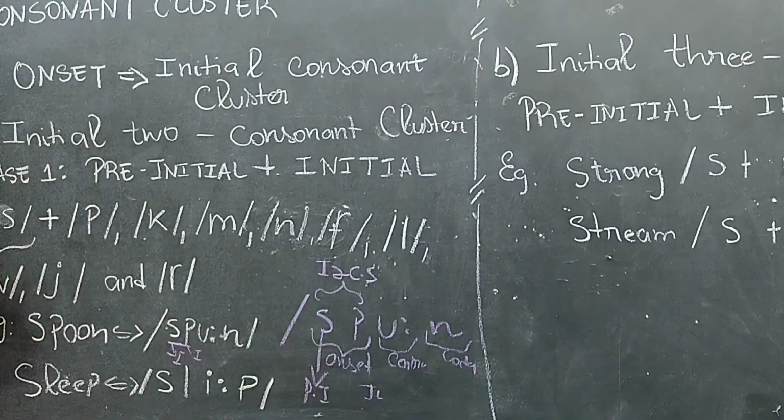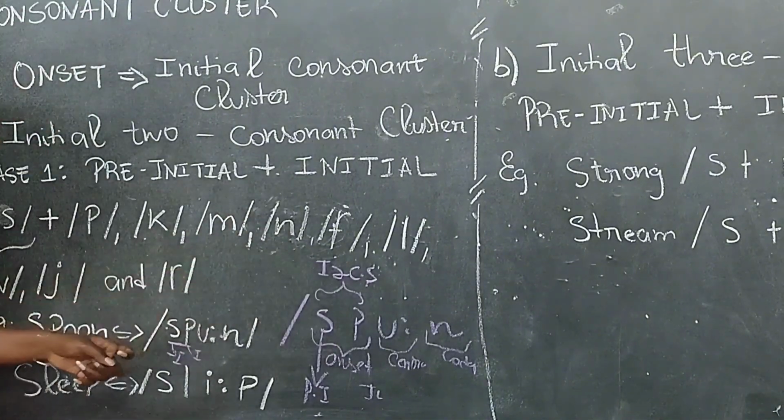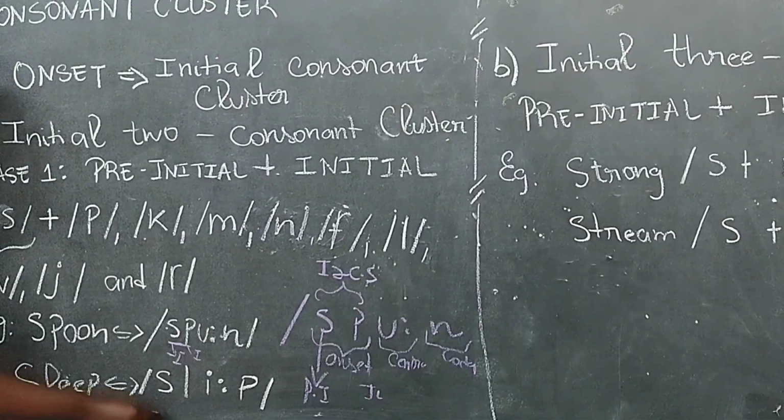Because the first consonant is S, and we have a set here. This is a default. It does not change. So whenever we find any of these combinations listed here, we are looking at a pre-initial plus initial consonant cluster. The other example is sleep. As you can see, we have S and L combined together.